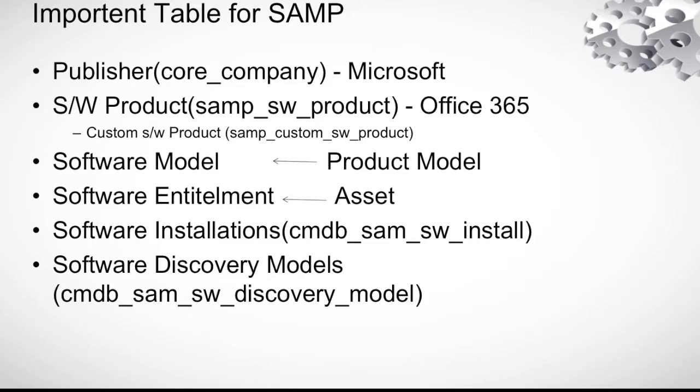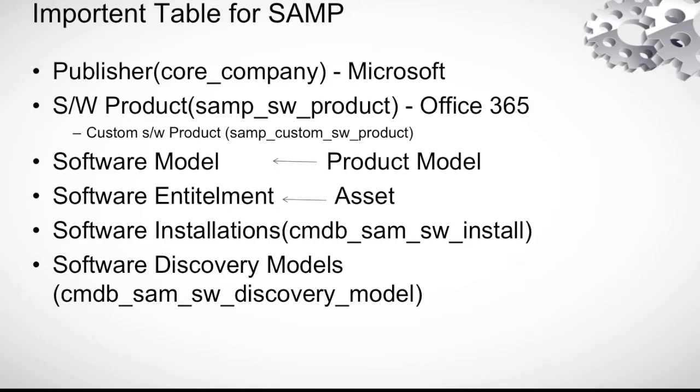Again I'm repeating, this model will be defined by the asset management team, and this is the child table of the product model. Like the child table, product model is the parent table. From there we have the software model and hardware model. Once the software model is created, it will generate a catalog item, and then the catalog item will be raised by the user.